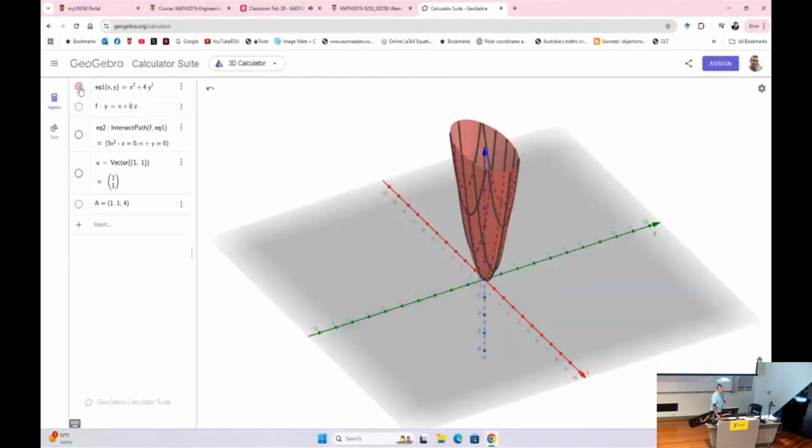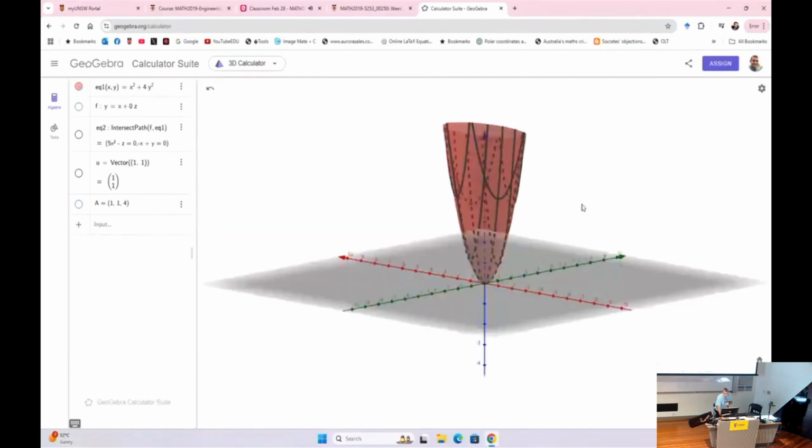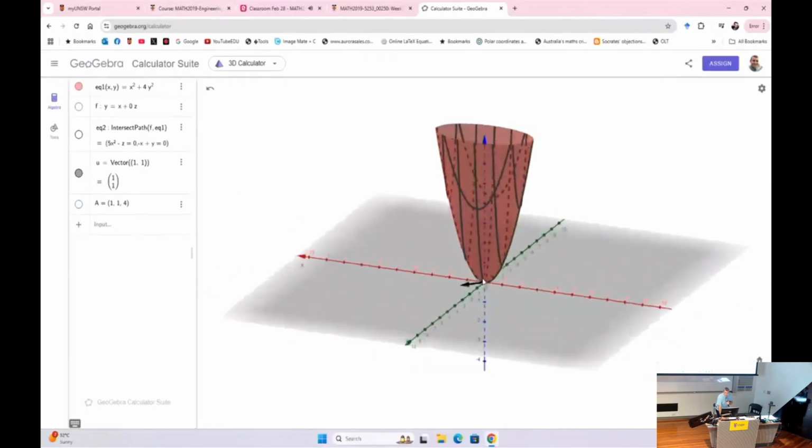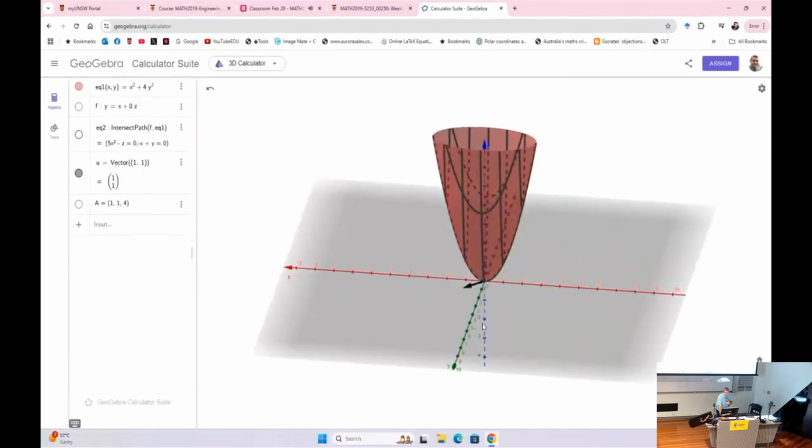Okay, the first thing I plotted was the surface, because I want to know what it looks like. The second thing I did was I drew the vector. You just use the vector command.